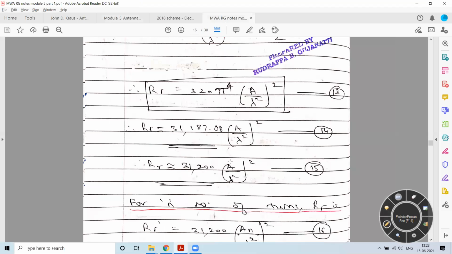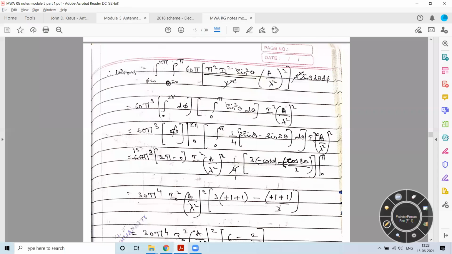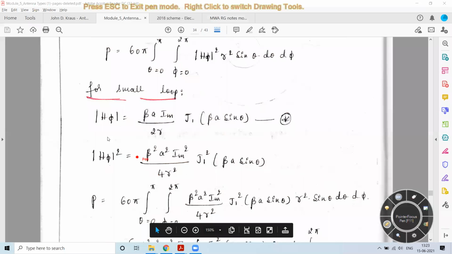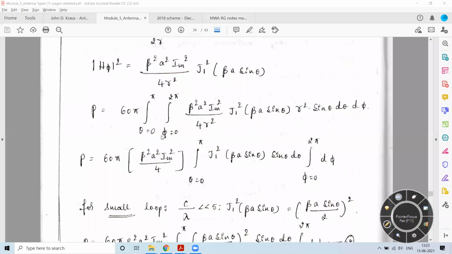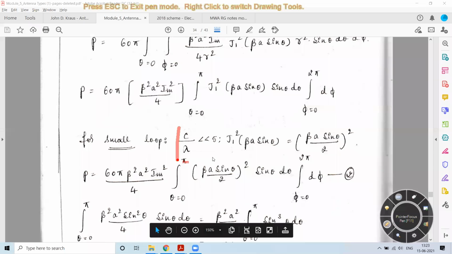In this, I have considered the H theta and E phi components. You will get the same result, and here the simplification will be simple. Here they have considered the general case and utilized it. For the small loop, you have to do all the simplifications when you are considering the general case.